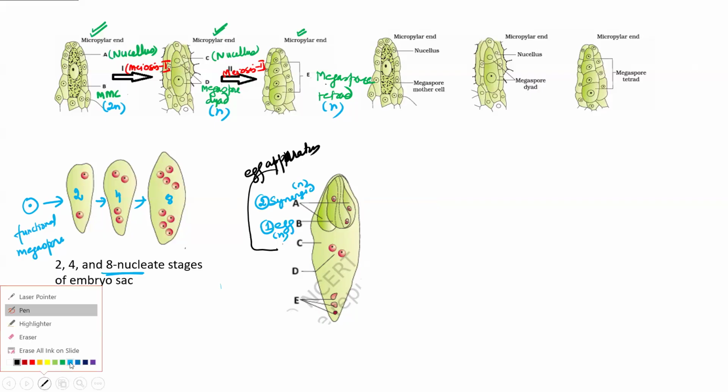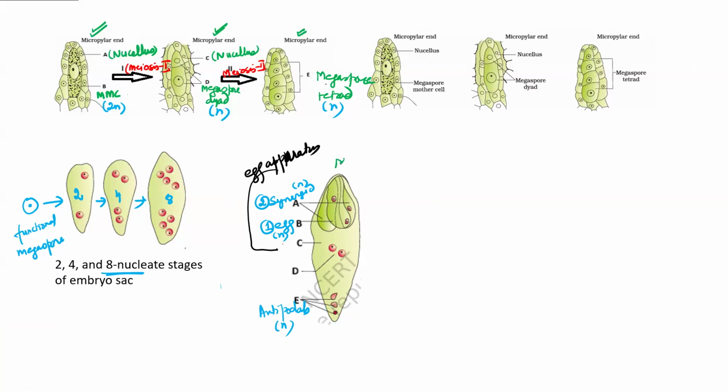Next, towards the chalazial side, these three cells are known as antipodal cells, and their ploidy is also haploid. In the diagram, please always assume that the micropyle is up and the chalaza is down, because the egg apparatus has to face the micropyle and the antipodals have to face the chalazial end.